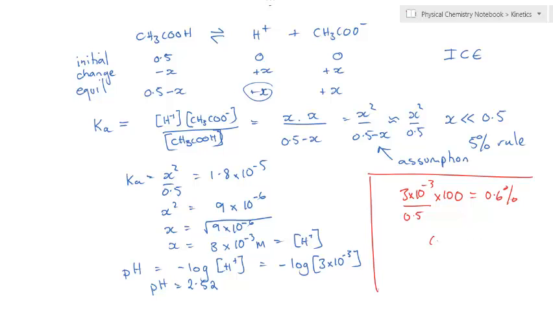So 0.6% is much, much less than 5%, which means that basically our X, which was 3 by 10 to the minus 3, is much, much less than 0.5. So we can use this assumption. There may be times when you can't use that, and then you have to multiply out and use the quadratic formula. But in most cases with the weak acids, this assumption holds true.